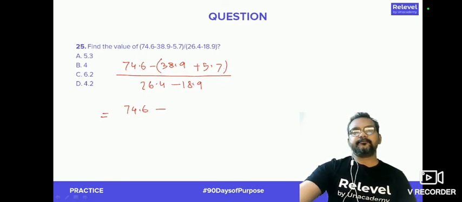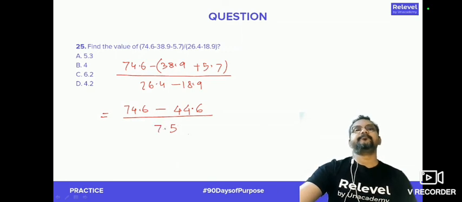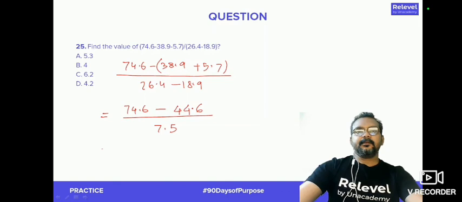So 44.6 divided by, if I subtract these two, 7.5. So 7.5, which is 4 times 4. So option B.